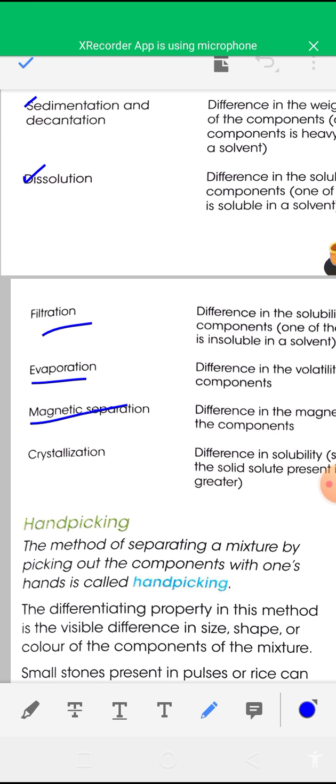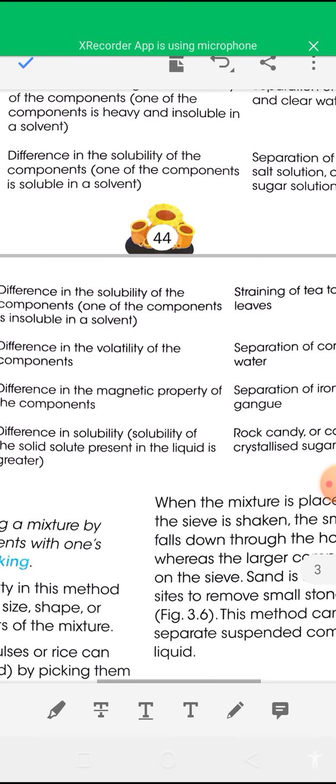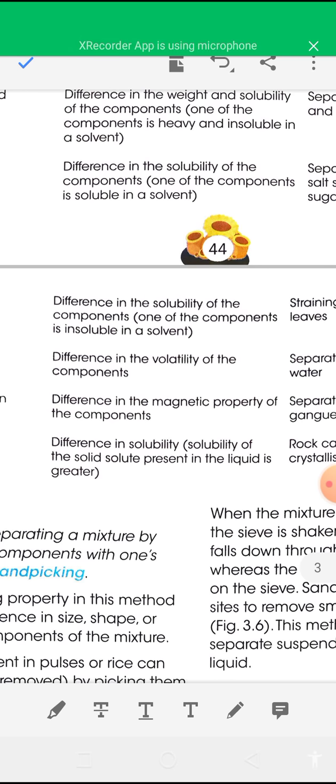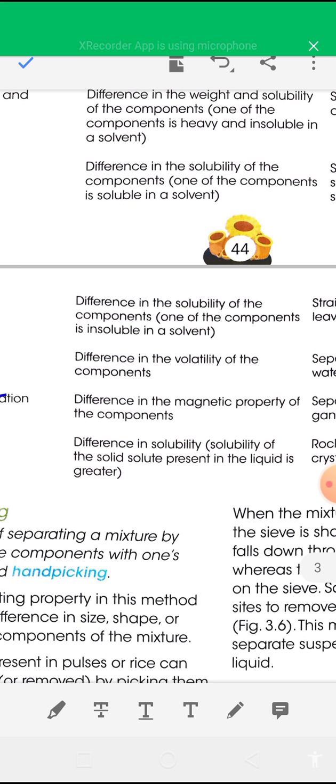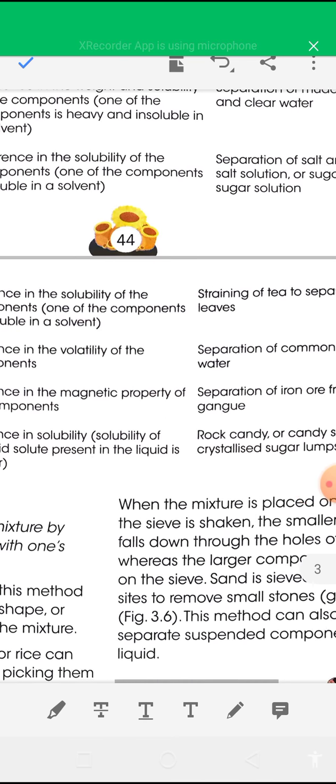And the last method is crystallization. The principle of crystallization is difference in solubility of the solid present in the liquid. If the solubility of the solid present in the liquid is greater, then this method is used.